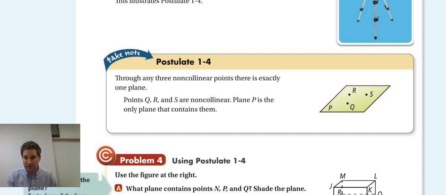Okay, so notice that R, Q, S, these 3 points are non-collinear. There's no way all 3 of those points would fit into one distinct line. They're all out of place. So I could use those to label the plane, or a lot of times if they have a letter in the bottom corner with no point, we can label the plane plane P, or we could label it plane RQS.